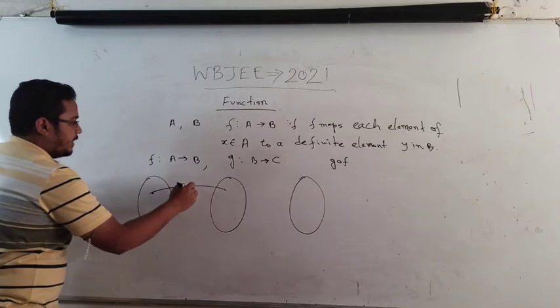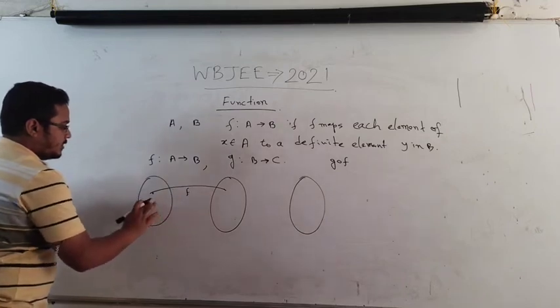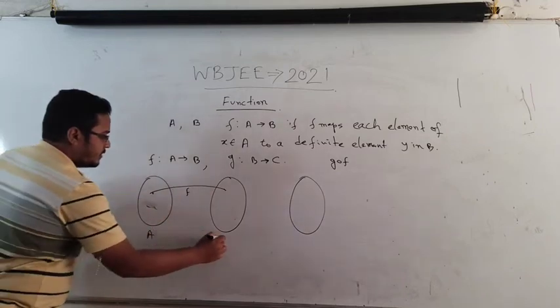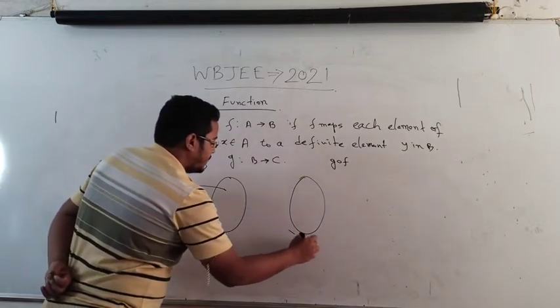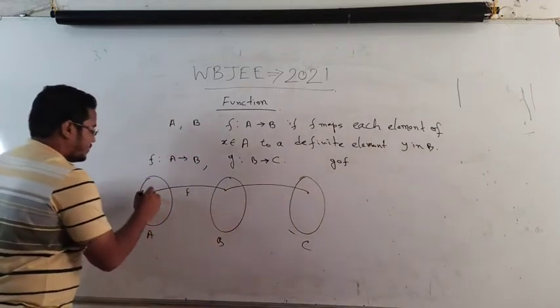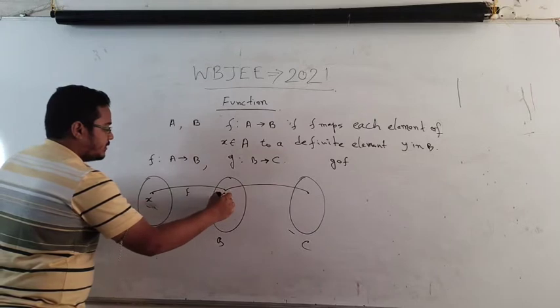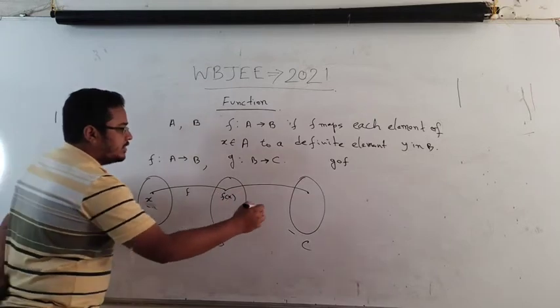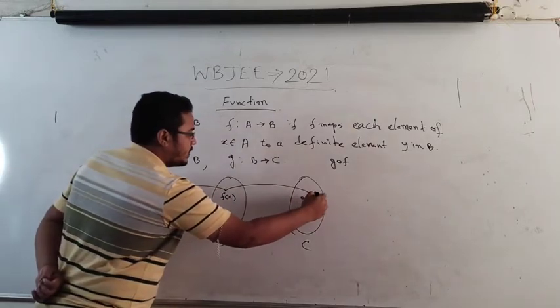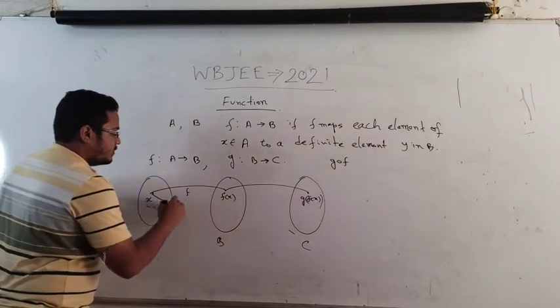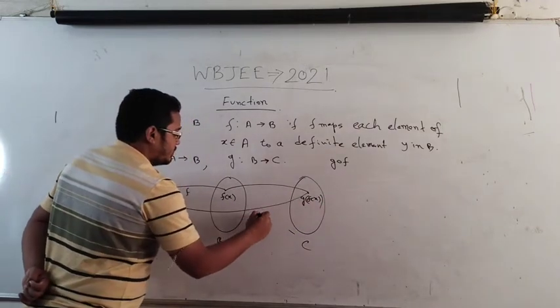First we take x from the set A, f takes x to the element f(x), and then g takes f(x) to g of f(x), and we call this g of f(x).